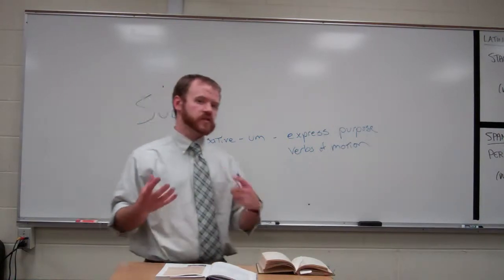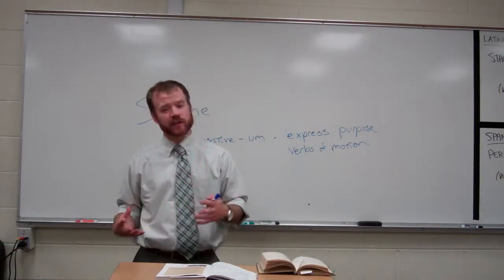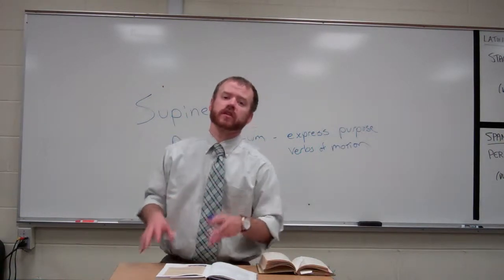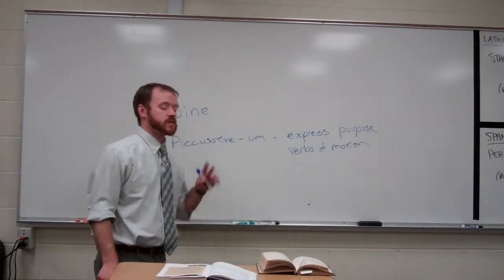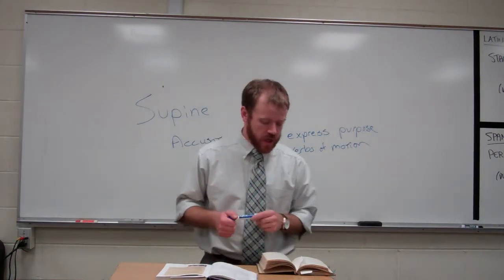All right, so there's these two verb forms that have weird noun endings on them. And these are the accusative uses of the supine. So they're used to express purpose.